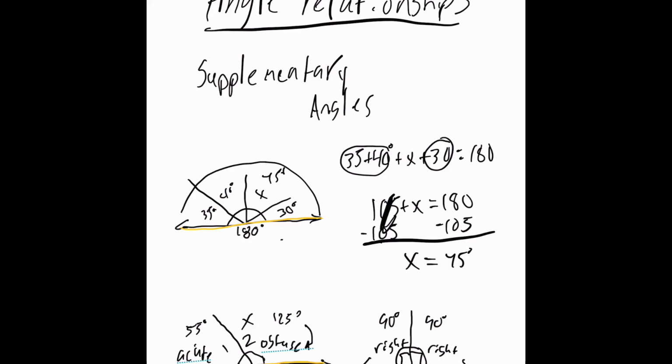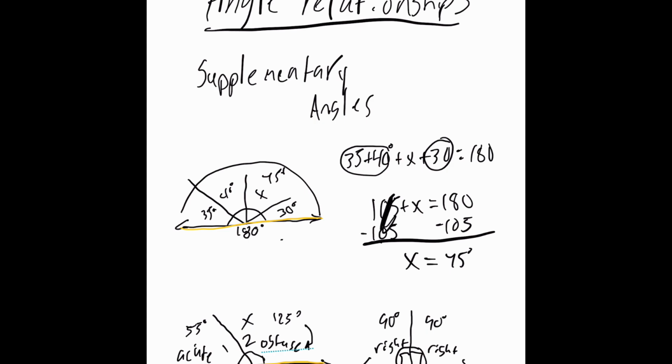Okay, so I'm going to go through real quick before I go to the work pages, like what we talked about with the definitions. With angle relationships, we had adjacent angles, which was just talking about angles that are next to each other.